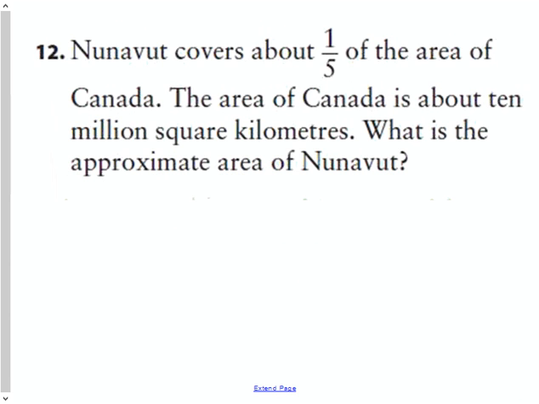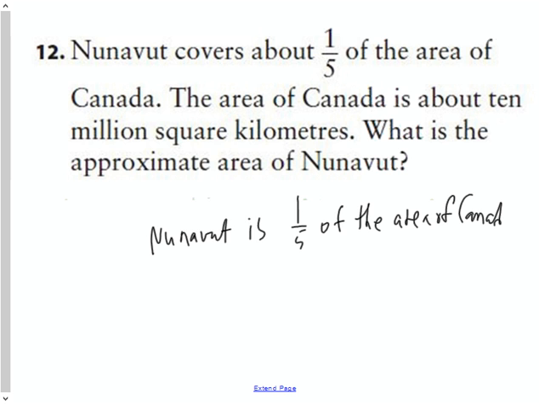Last question. Nunavut covers 1/5 of the area of Canada. The area of Canada is about 10 million square kilometers. What is the approximate area of Nunavut? So Nunavut is 1/5 of the area of Canada, and the area of Canada is right here, 10 million.